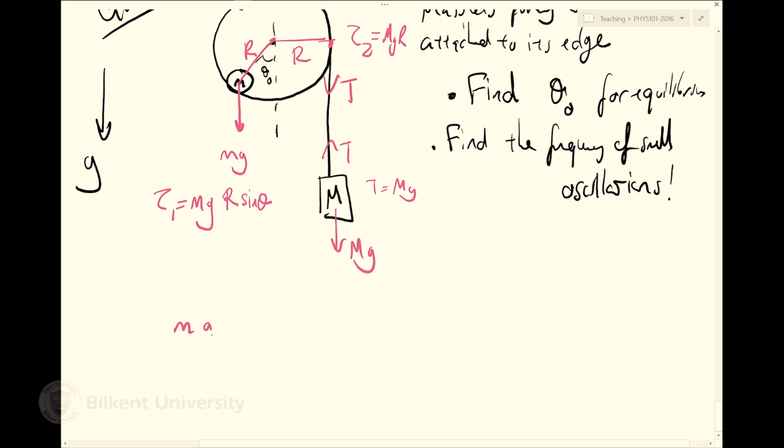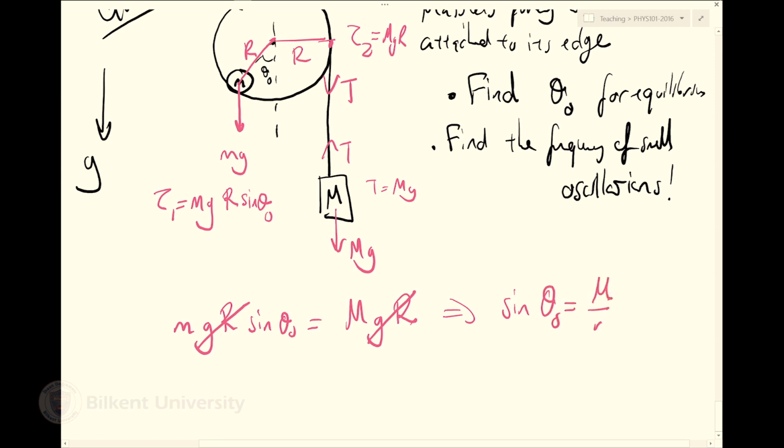So small mg r sine theta 0 is capital Mg times r. So it turns out sine theta 0 is capital M over small m. Okay?